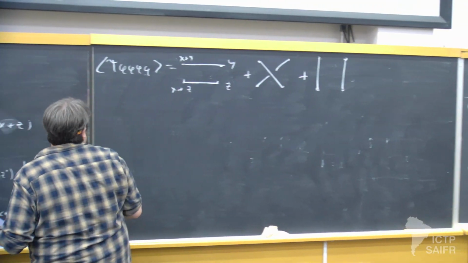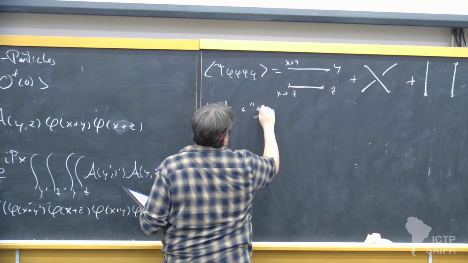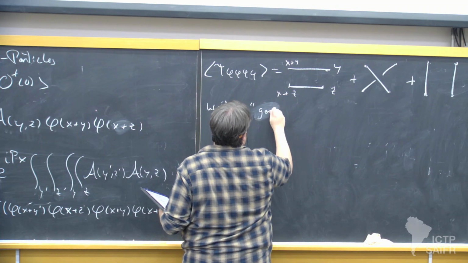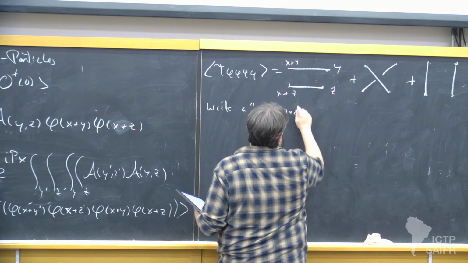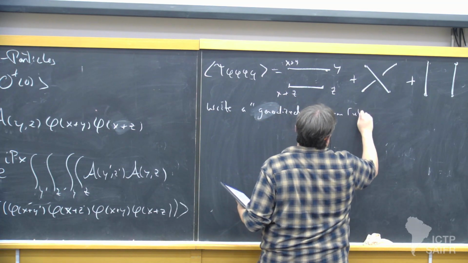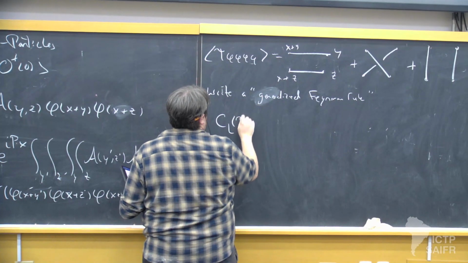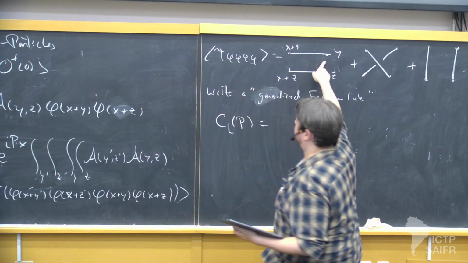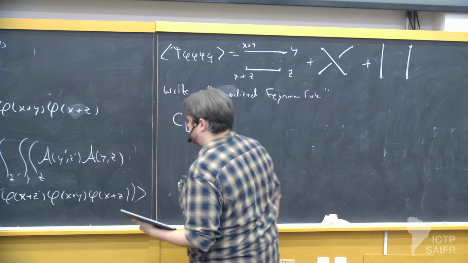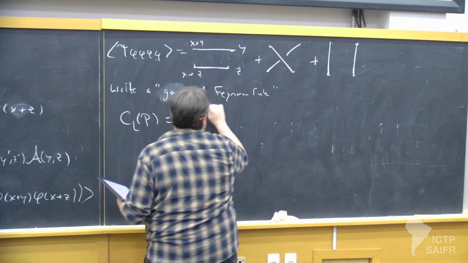So I can write what I'll call a generalized Feynman rule. So C_L of P, when I take this and convolute it with these two local functions, it will look something like this.